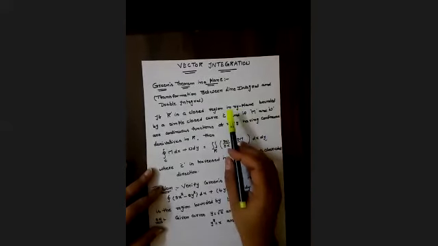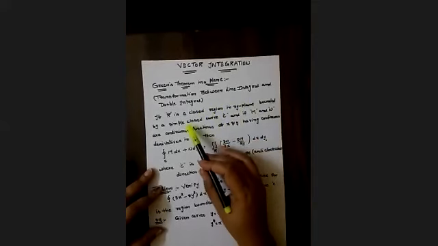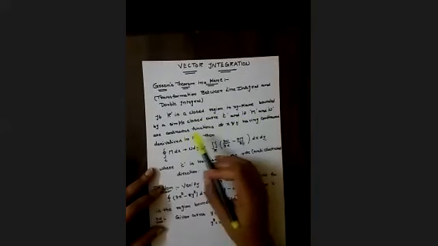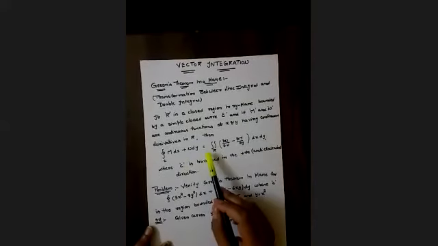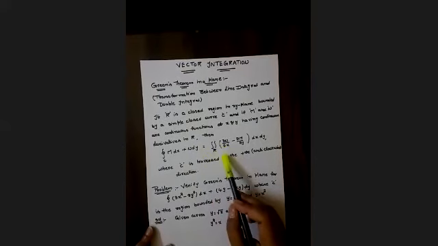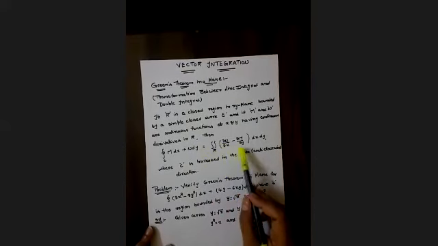So what is Green's theorem? It is a relation between line integral and double integral. R is a closed region in the xy plane bounded by a simple closed curve C, and if capital M and capital N are continuous functions of x and y having continuous partial derivatives in capital R, then the statement is: closed curve C, M dx plus N dy, is equal to the double integral over R of dou N by dou x minus dou M by dou y, of dx dy.